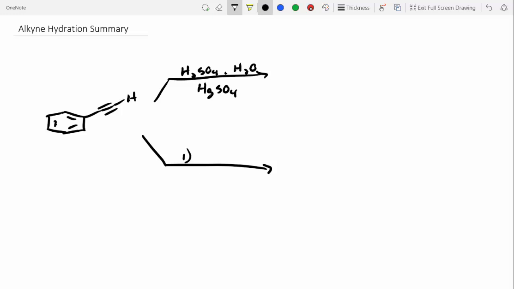Second one is the anti-Markovnikov, where we use a bulky borane, followed by hydrogen peroxide and sodium hydroxide. And we get two different products.